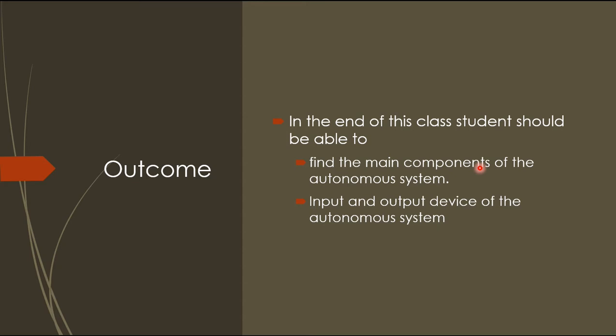Also, you have to know that this is important, guys, because this second point, all the coming classes are based on this, because in our subject we are designing the autonomous system. So we will develop the models, for example, the requirement model, the use case model, the static model, and the dynamic model.